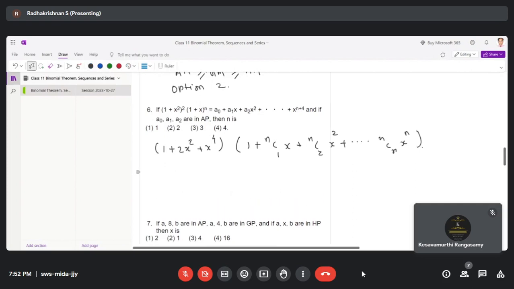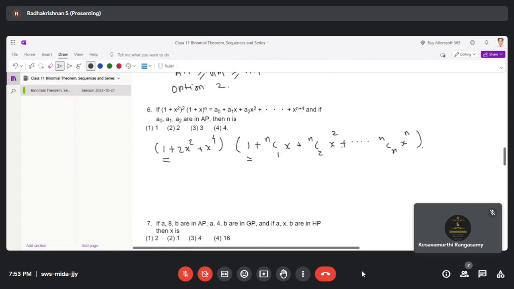So from this, can we write down what the coefficients of A0, A1 and A2 are? A0 is the constant term. So what is the constant term in this expansion? From the product, if you multiply the two, what will be the constant term? Only this should be constant, and this should also be constant. Then only the product will be constant. If you take 1 and multiply with the term containing x, it is going to have x.